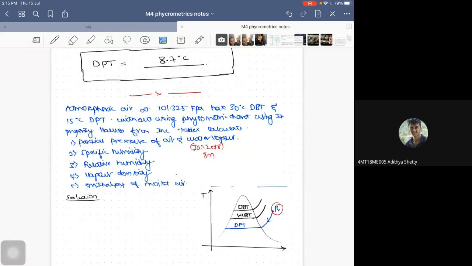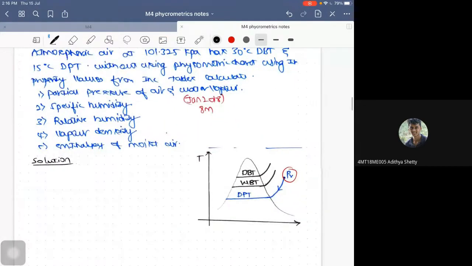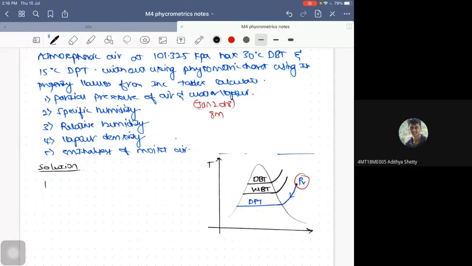Now the dew point temperature is given in this problem. The dew point temperature DPT is 15 degrees Celsius. Now from this, can I calculate the value of PV? Dew point temperature always corresponds to PV, as we have learned in the previous problem and even in the 3D classes.